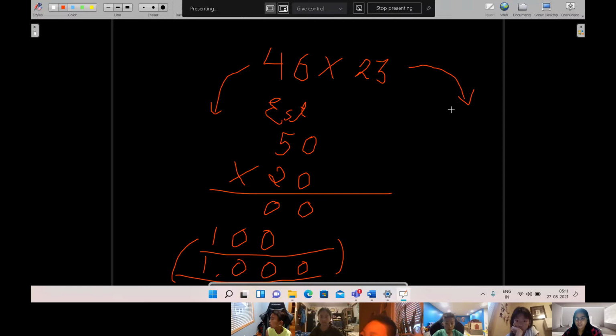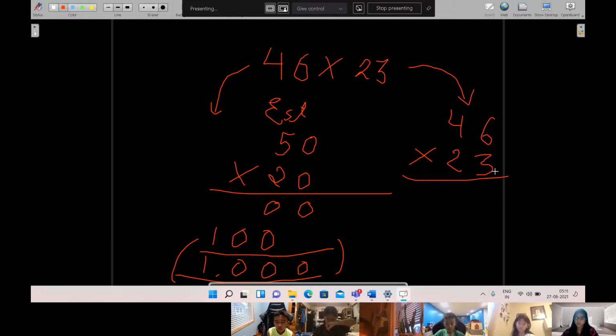Here we solve 46 and 23. Now solve this. 3 into 6 is what? 18.